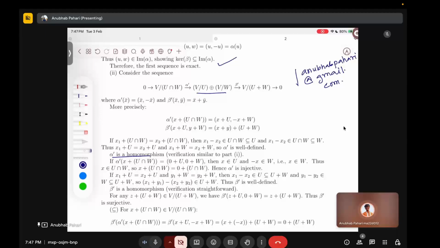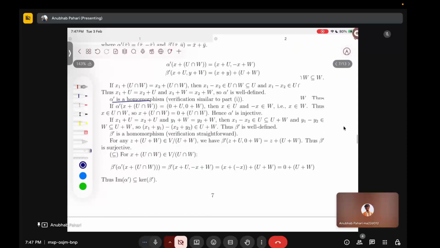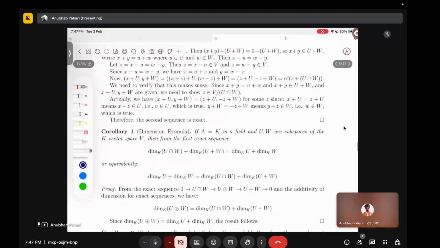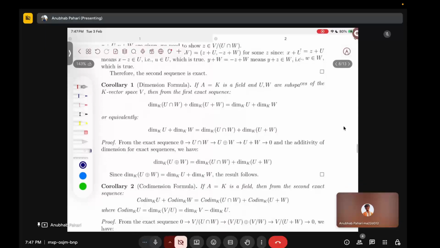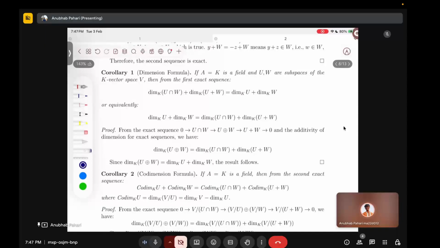So let me know when to move forward so that I can scroll. What I meant was, I think you can move to the next question, because we can try this one in our free time. Okay, then it's fine. Okay. So we shall try this one.